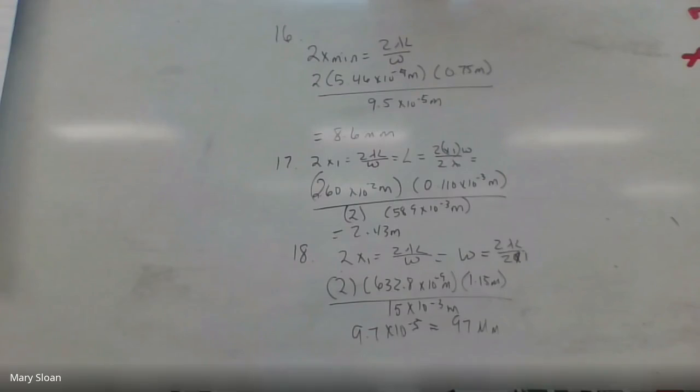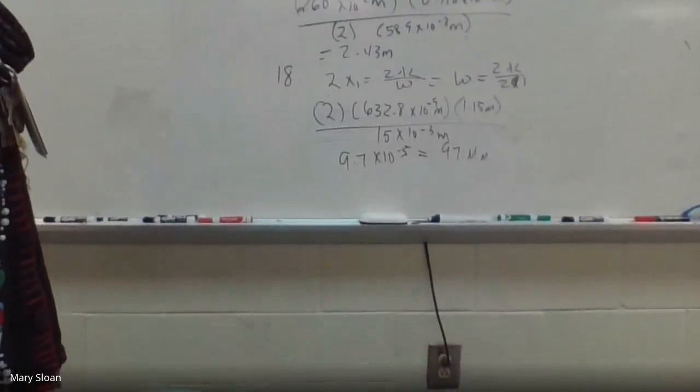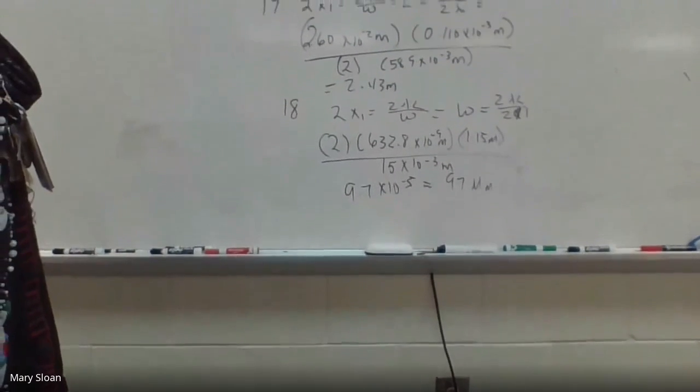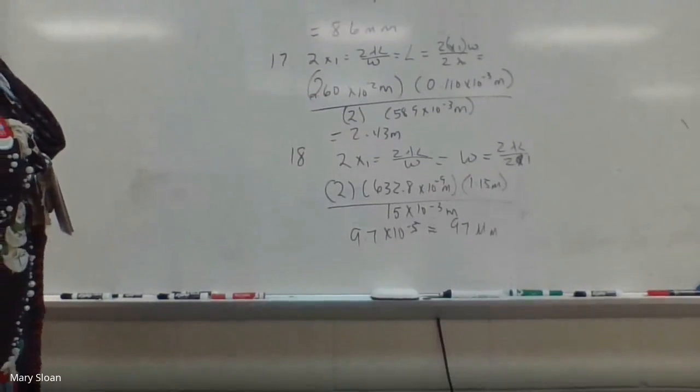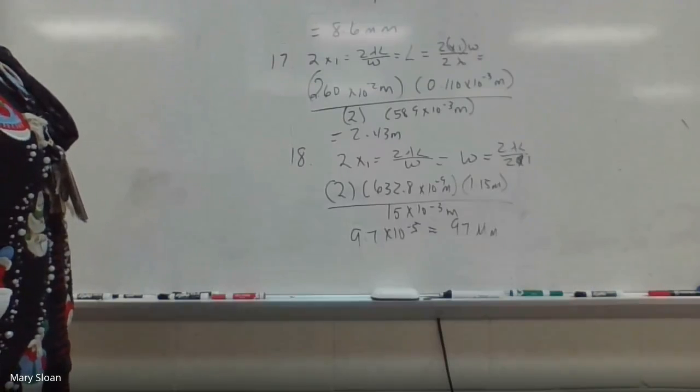So I took my 2.60 times 10 to the negative 2 meters and multiplied that by 0.110 times 10 to the negative 3 meters and divided that by 2 times 589 times 10 to the negative 9 meters, which gave me 2.43.